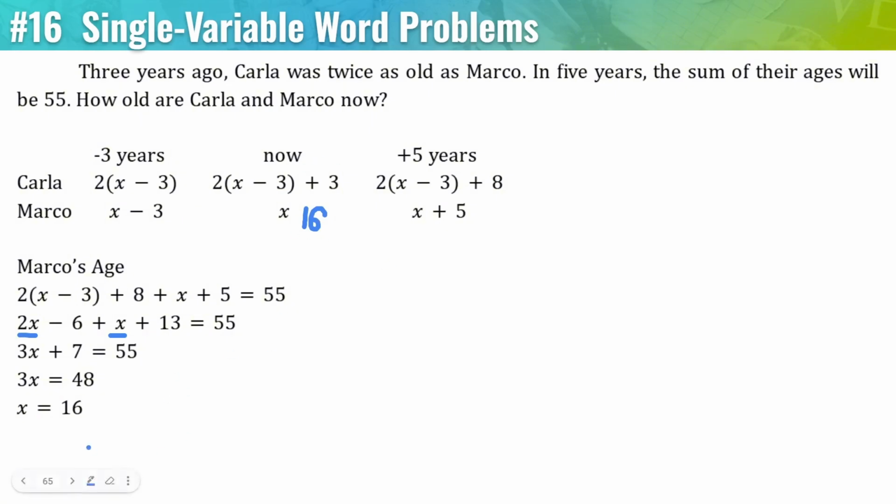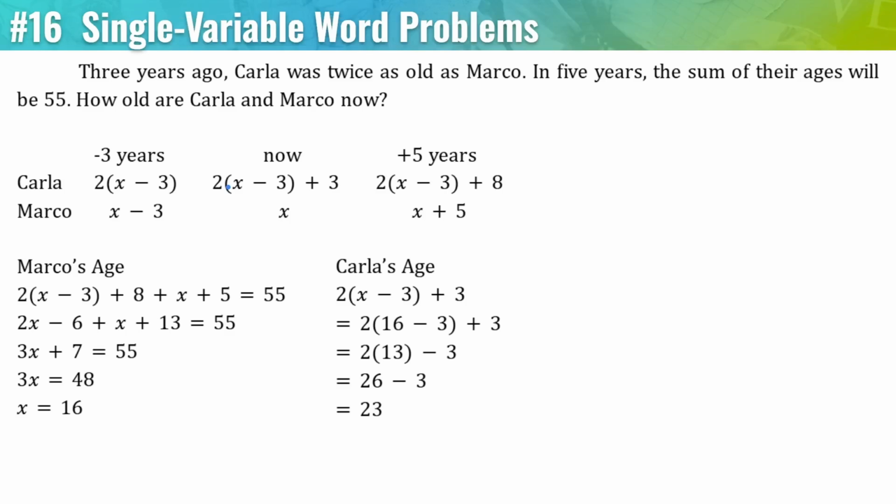So the simplest thing we can do now is to check here. Plug in 16 here. So 16 minus 3 is 13. And remember, 3 years ago, Carla was twice as old as he was. So 2 times 13 is going to be 26 plus 3. So we have Carla is 29 years old and Marco is 16.